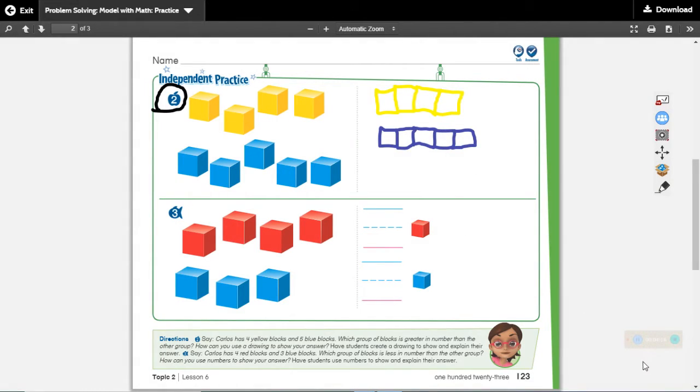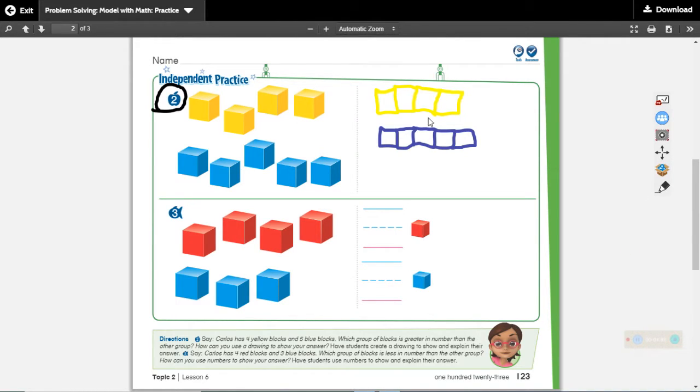So look at my 2 cube trains up here. Can you look at your mom or dad and explain which one is greater in number and why you think so? Go ahead and pause the video and do that. Now, I'm going to help you with your explanation in case you needed help.